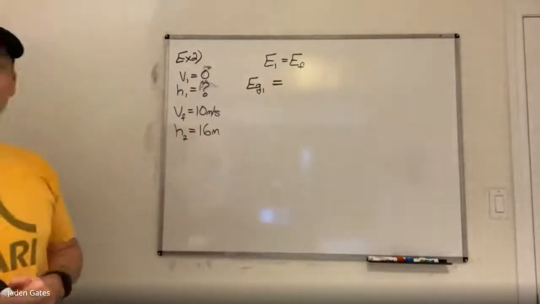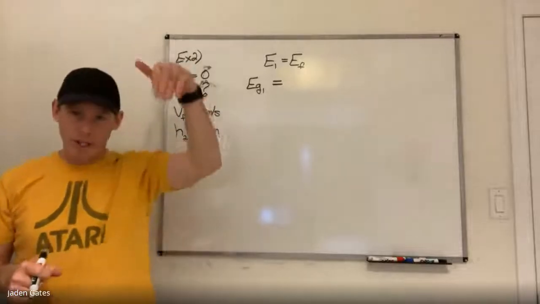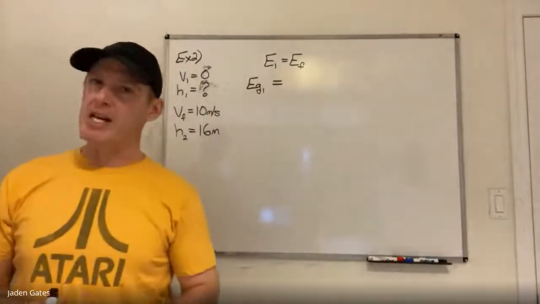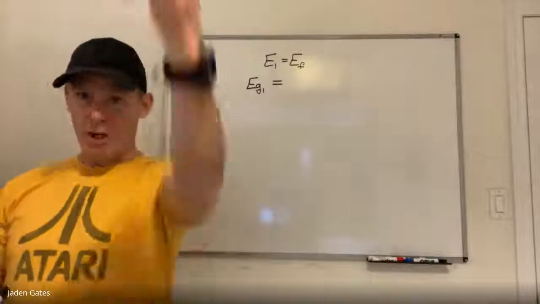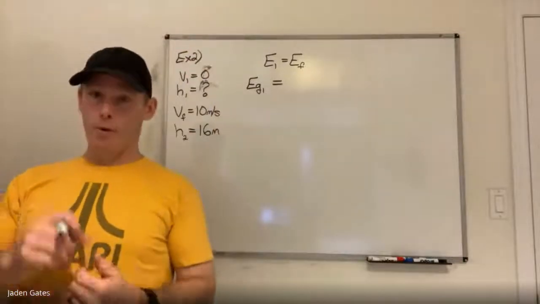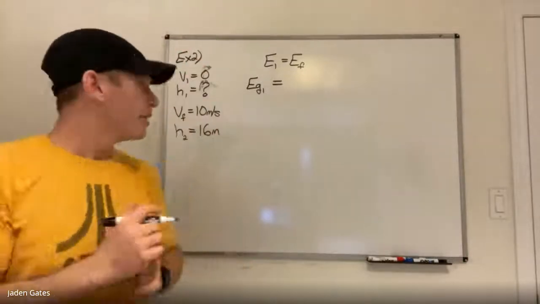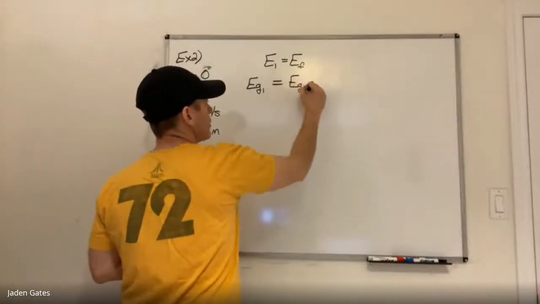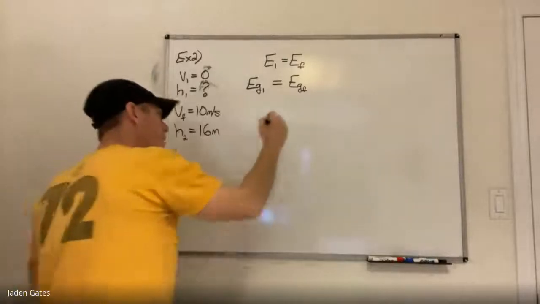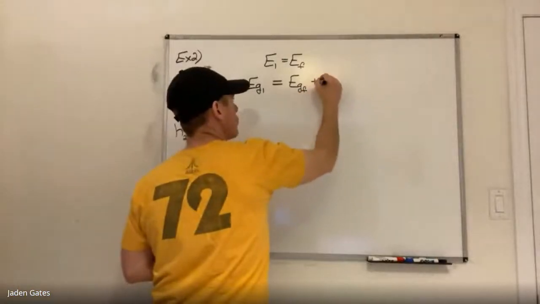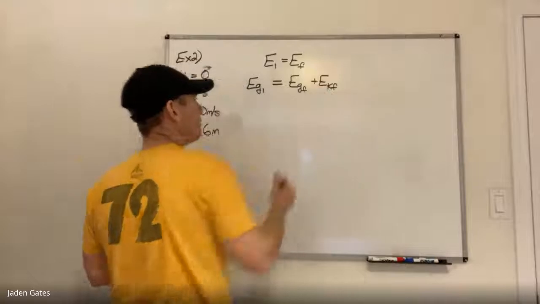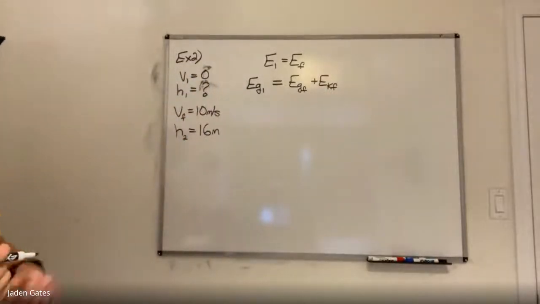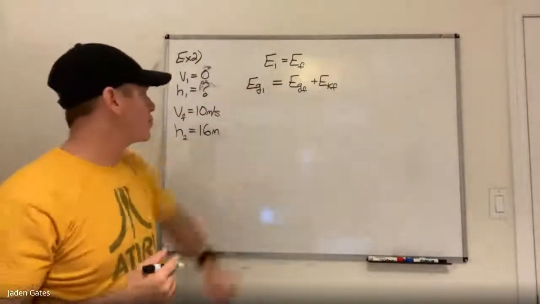Now that gravitational potential energy is released and we get some speed, so we've got some kinetic energy, but then we go up the loop. Now on the loop, we're going to have both speed and height. So we are going to have gravitational potential energy, which I'll call EGF, plus kinetic energy, which I'll call EKF. So what does that mean? Well, I'm going to make that substitution here.